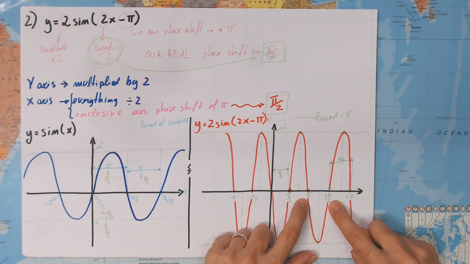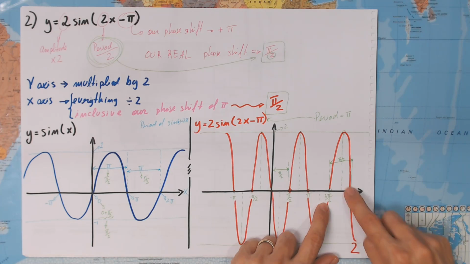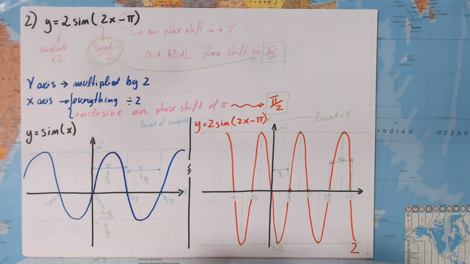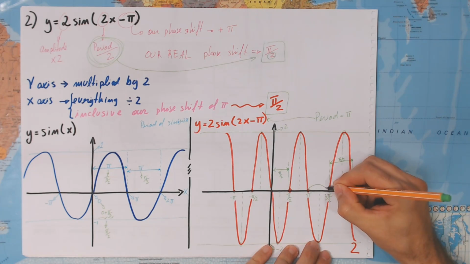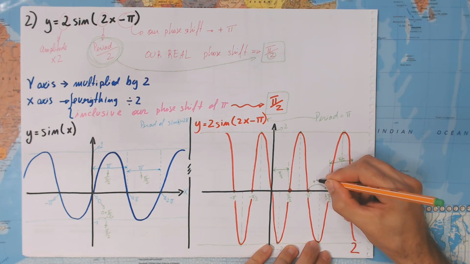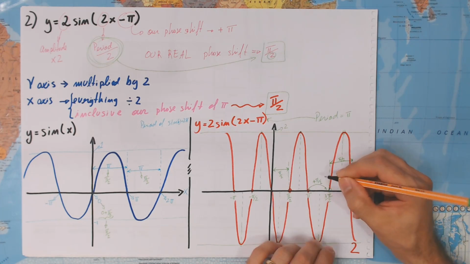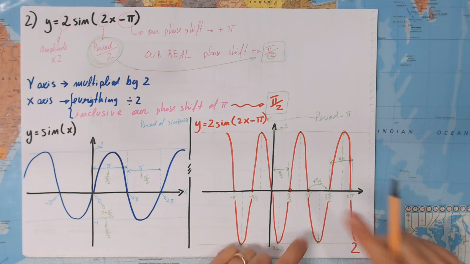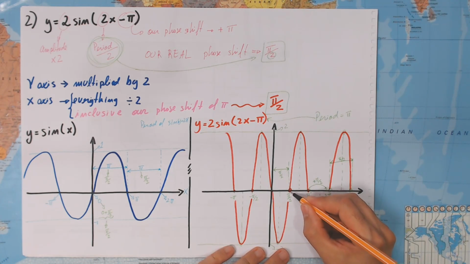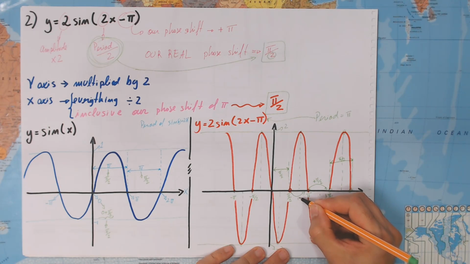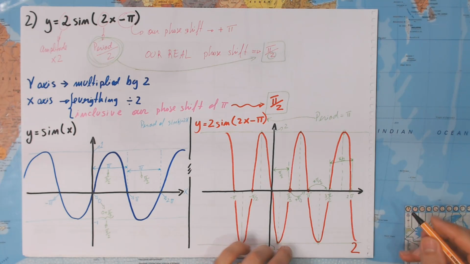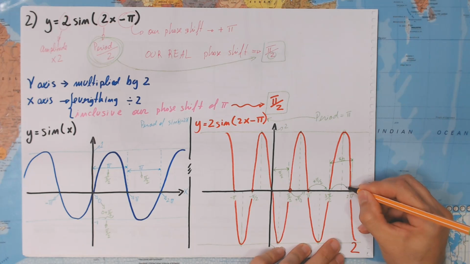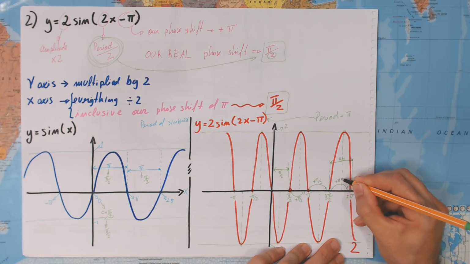Next, 3 pi over 2, always plus pi over 2. That's what I'm doing here. I'm always adding pi over 2. Why? Because this is what it means, each part of this curve.